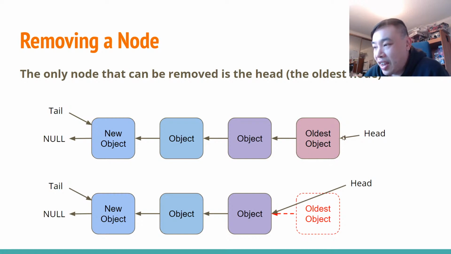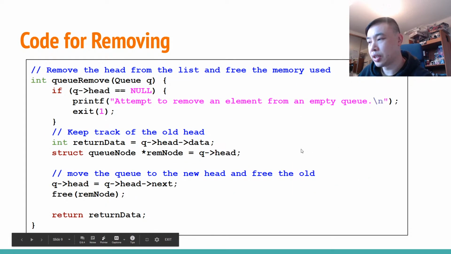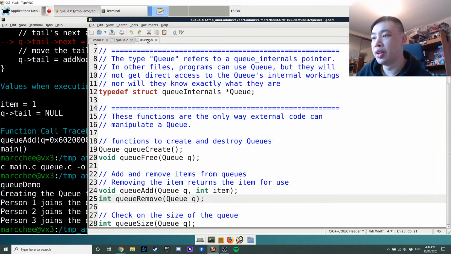Okay, so the head of the queue is the oldest object in the queue, which means the oldest object is going to be removed from the queue. We're going to do a normal removal, the same kind of removal we've been doing before, but it's really easy because we're only removing the head of the queue. So if I'm removing the first element of the queue, the head pointer is going to skip that first element of the queue, and then we're going to free up the object that had been there. So we've got some code for this. I'm just going to write the code rather than looking too much at what's there. So I'm just dragging this over here.